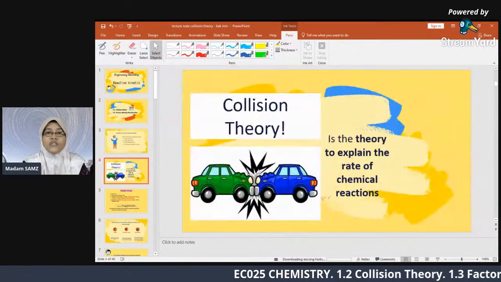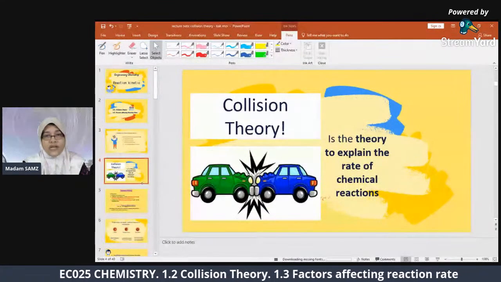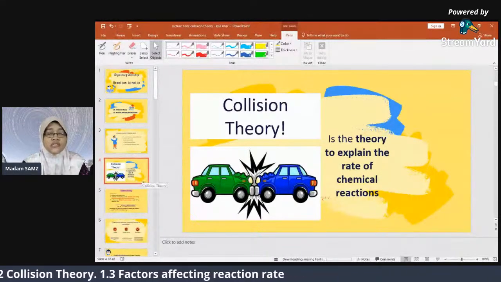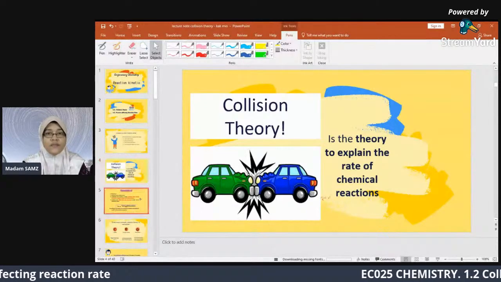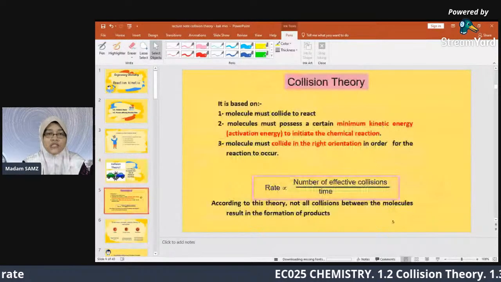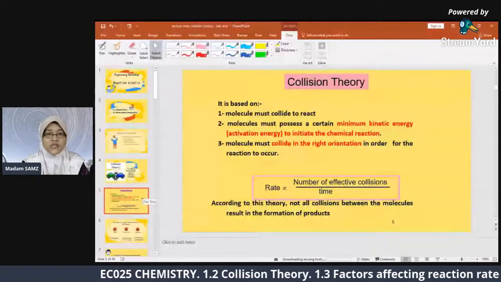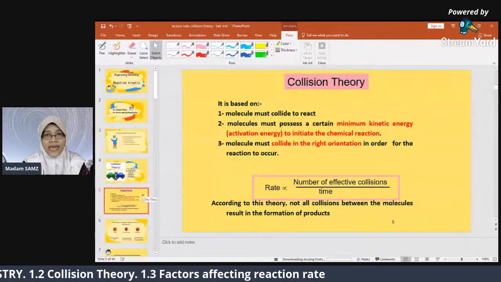So in collision theory, what is collision theory? Collision theory is a theory to explain the rate of chemical reactions, how fast the reactions will take place. In this theory, we will cover three main points. The first one, molecules must collide to react.